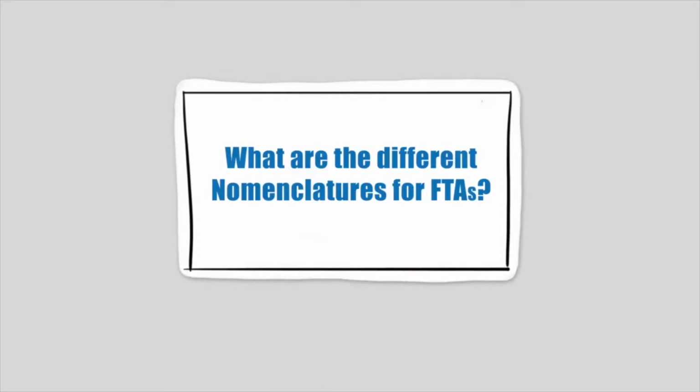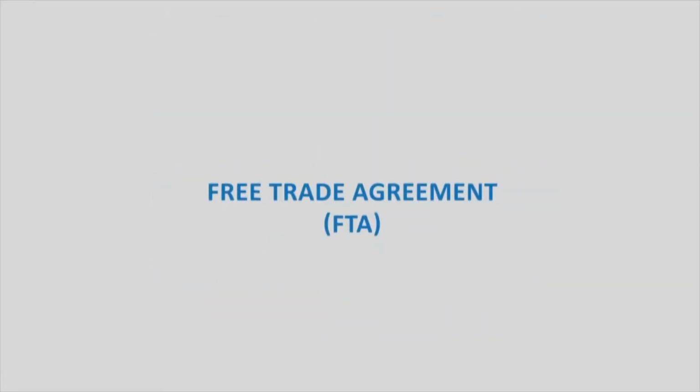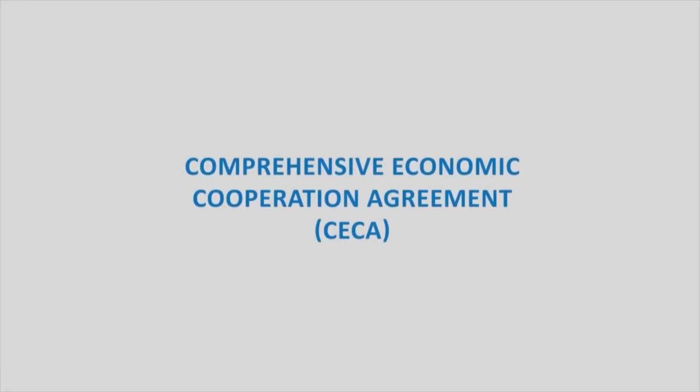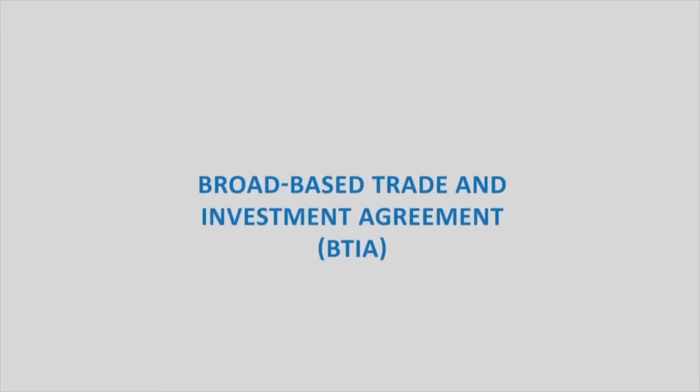What are the different nomenclatures for FTAs? FTA agreements are known by various nomenclatures such as Preferential Trade Agreement (PTA), Free Trade Agreement (FTA), Regional Trade Agreement (RTA), Comprehensive Economic Cooperation Agreement (CECA), Comprehensive Economic Partnership Agreement (CEPA), and Broad-Based Trade and Investment Agreement (BTIA).